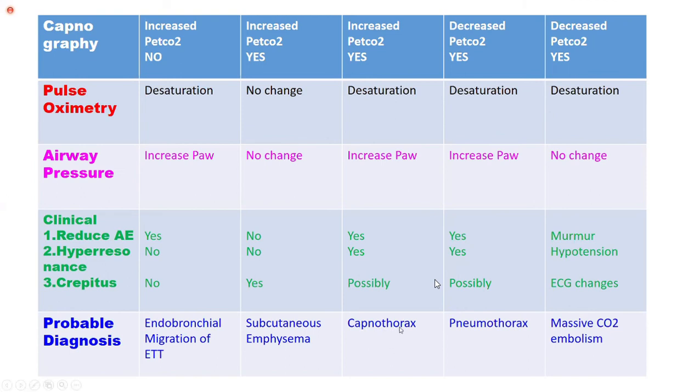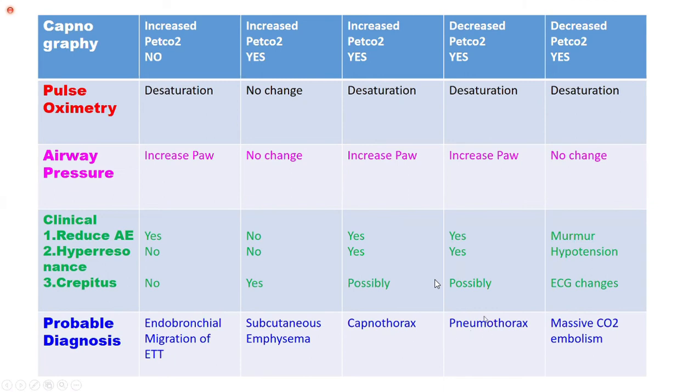Whereas for a condition called capnothorax, where carbon dioxide enters the mediastinum, there is an increase in EtCO2, the patient desaturates, airway pressure increases, air entry is reduced, and the chest is hyperresonant. Sometimes you may get crepitus also. So if the EtCO2 rises with desaturation, it is capnothorax.